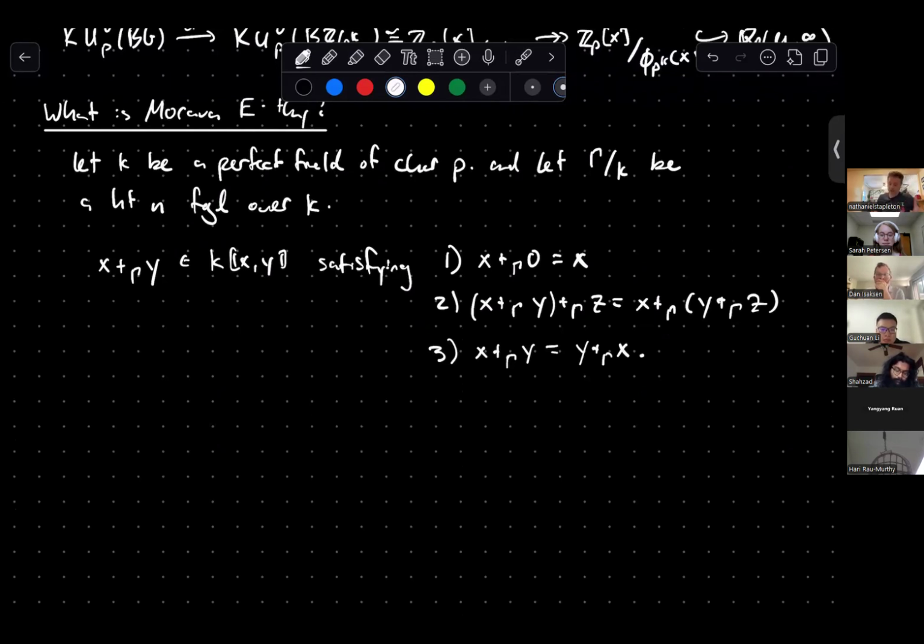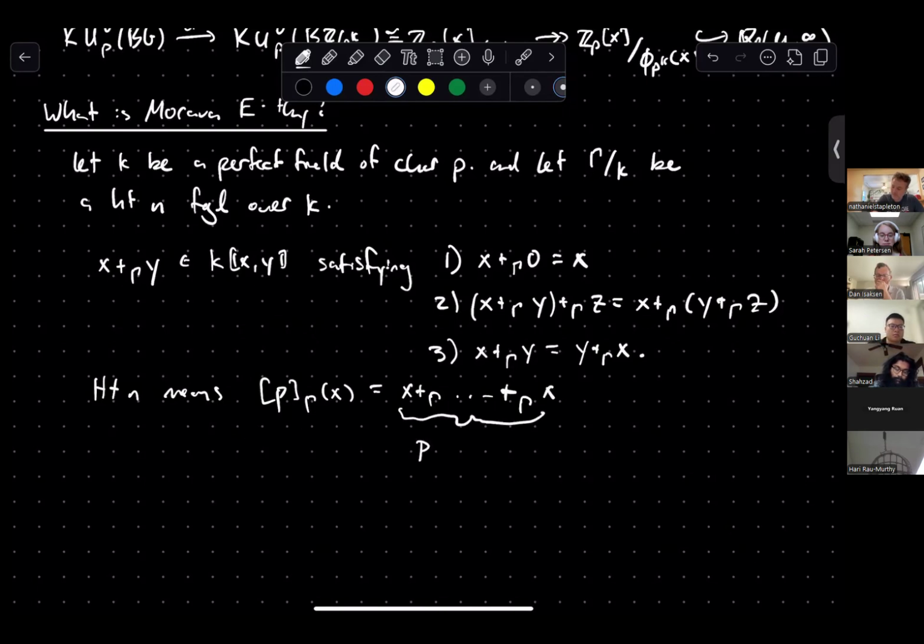And then I said height n, and height n is, for our purposes today, just means that if I add x to itself p times using the group law structure here, so this is just x plus_Gamma ... plus_Gamma x, p times, then this is x to the p to the n plus higher terms.